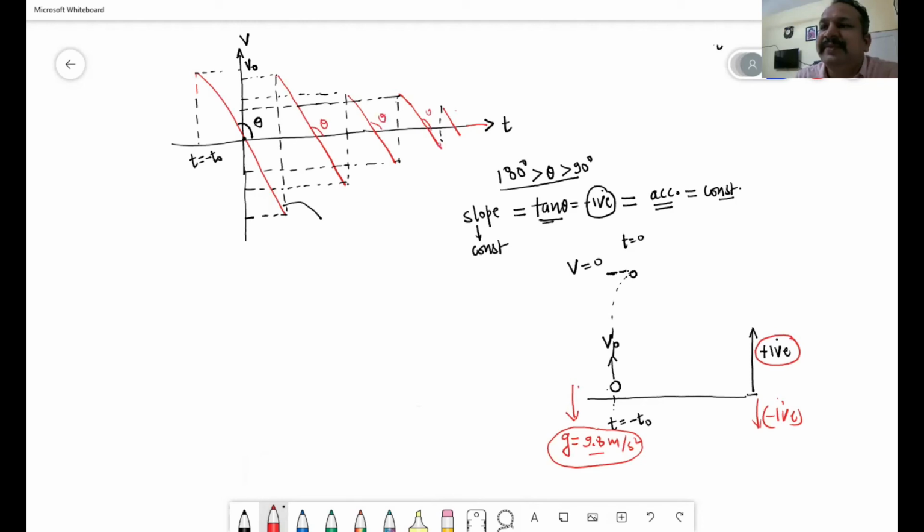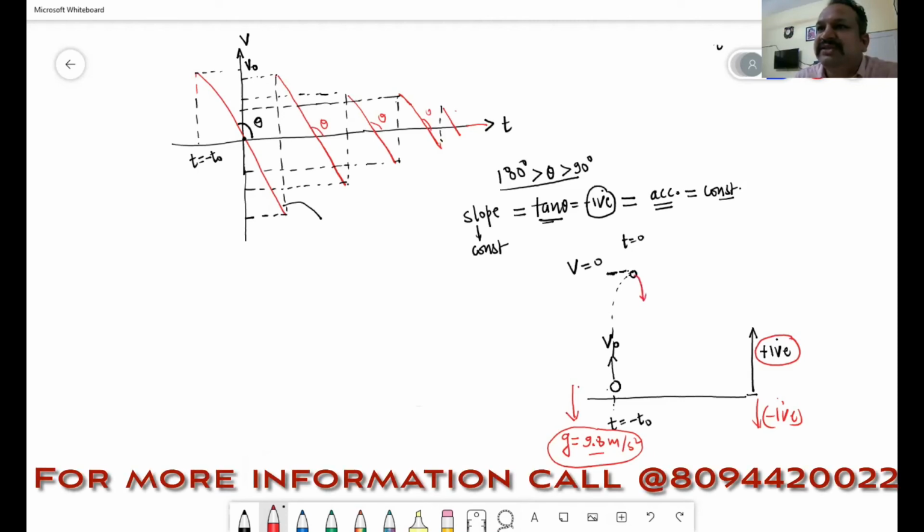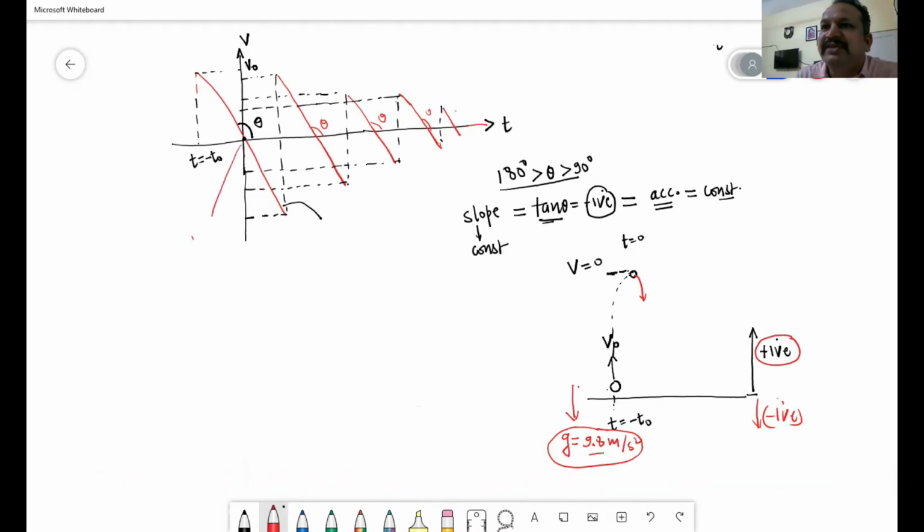And why every time? Because when it goes down, the direction of velocity changes. After crossing time t equal to 0, the velocity will be negative. Earlier the velocity was positive, so it will go down, hit the ground, and bounce back, but now it will not reach the same height.